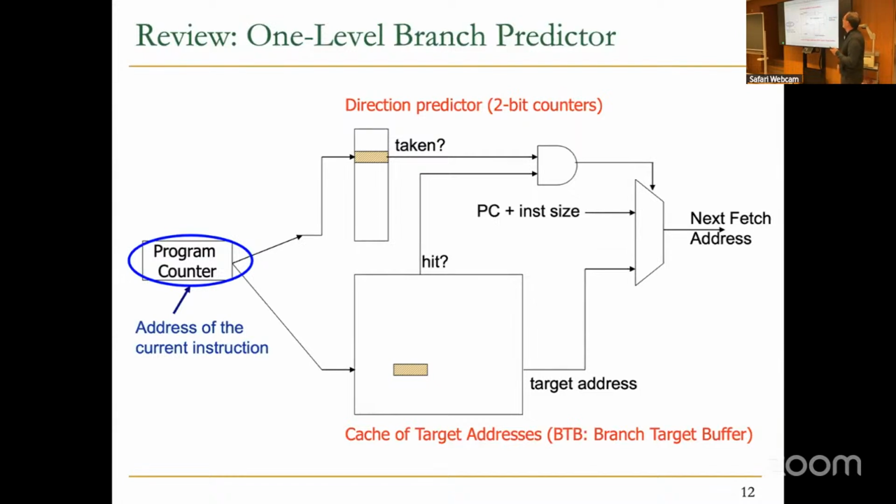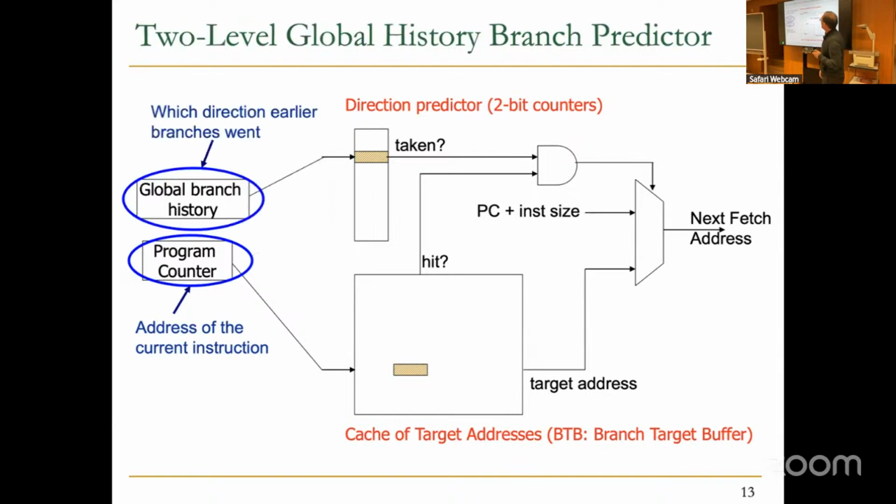This is not shown over here. But this is essentially per branch, one level of history. This is our 2-level global history branch predictor. You use the program counter to get the target, but you don't use the program counter to get the direction. You use the global branch history to index into the direction predictor, 2-bit counters. So that's the idea. Now, something is missing over here. You're not using any program counter information, branch information, to index into the direction predictor, right?